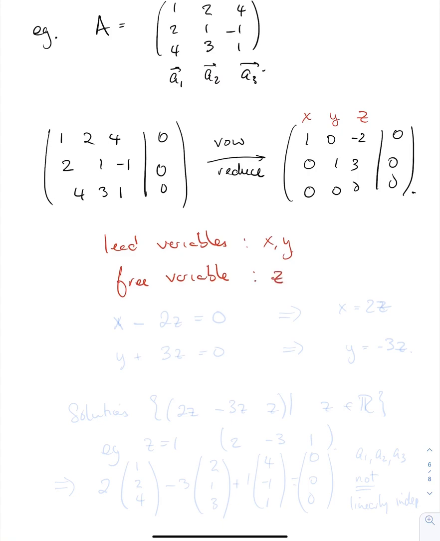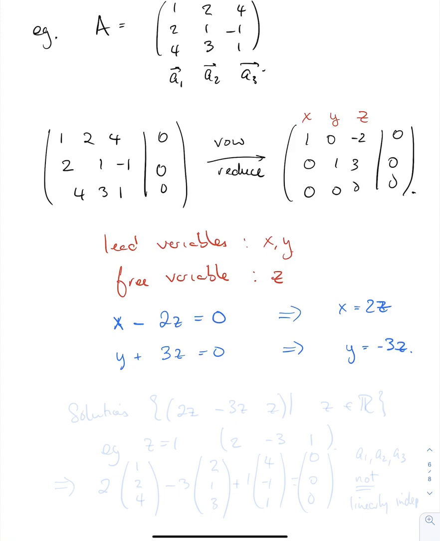This will give me some guidance as to how to represent the solution. So the first row is going to give me x minus 2z is equal to 0. And the second row is going to give me y plus 3z is equal to 0. So we have x is equal to 2z, and y is equal to negative 3z.